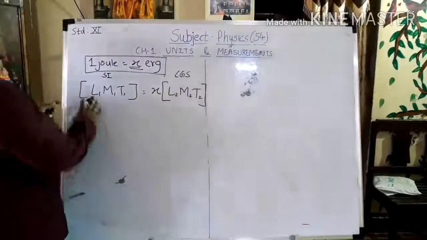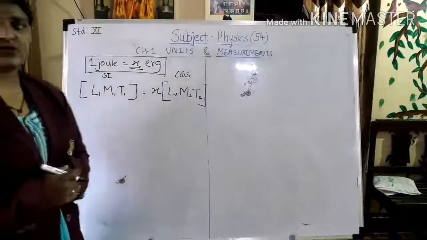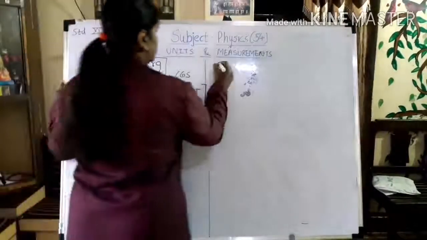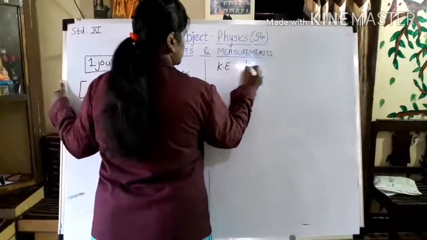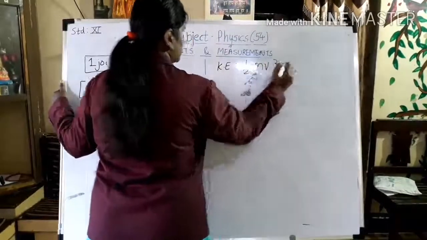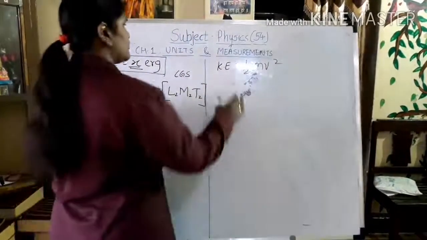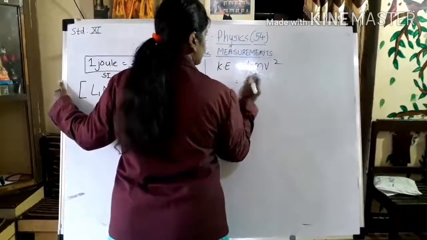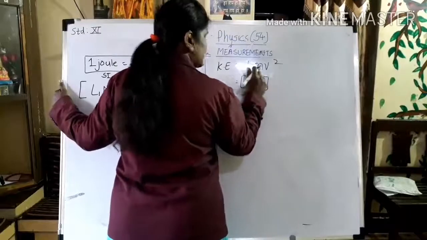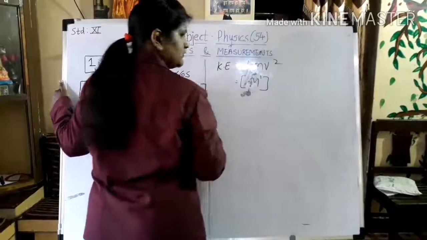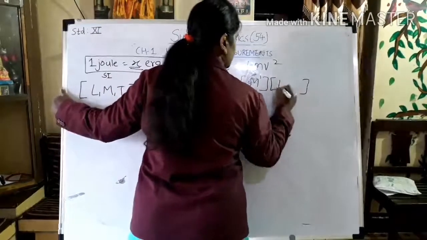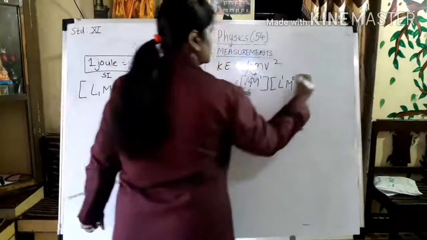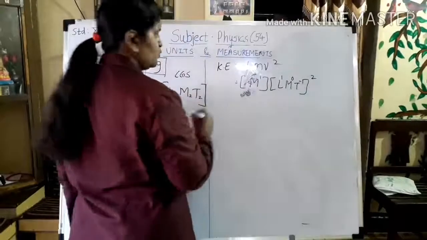Now, if you forgot the dimensions for energy, what to do? As you know, kinetic energy is nothing but half mv square. Am I right? So the constant will not be under consideration. Then what is the dimension for mass? It is M1. What is the dimension for v? It is L1 M0 T raised to minus 1, and that is raised to 2.